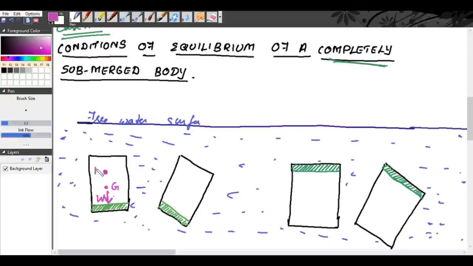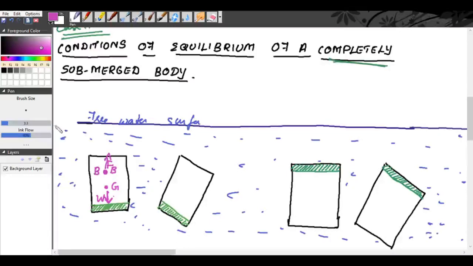That is the upward force acting on this body to keep it in equilibrium. This buoyant force acts upwards, so we take that force as FB. So G is the center of gravity, B is the center of buoyancy, the weight of the body acts downwards, and the buoyant force acts upwards.